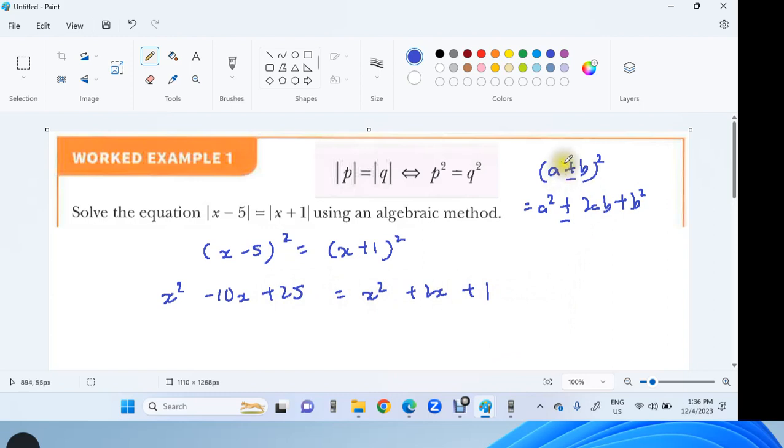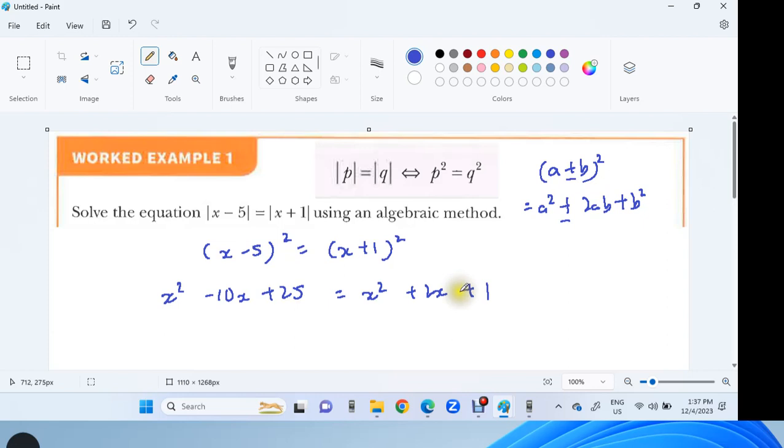If you are good at expanding this, you can go straight from this part to this part. If you cannot, you need to multiply x minus 5 with x minus 5, then you have to do a lot of steps. Then it's difficult. You must master the skill that from this equation you go straight to this equation.